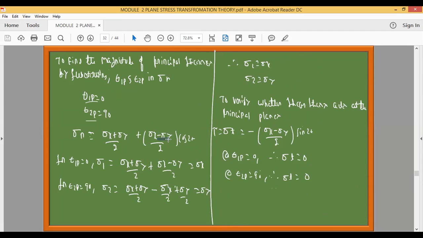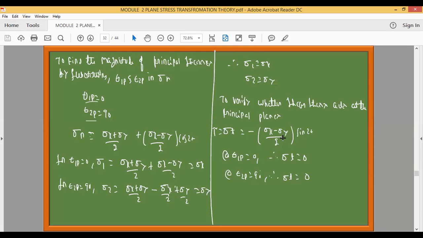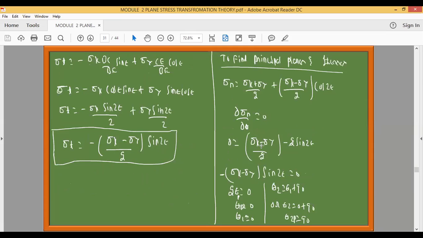I cannot directly say that when cos 2 theta is equal to 0, this will be maximum. I have to differentiate this one. When I differentiate this, I will be left with minus sigma x minus sigma y by 2 sin 2 theta is equal to 0. Then this will be equal to 0 only when theta p1 is equal to 0, and 90 degrees apart will be theta p2. Therefore theta p1 is equal to 0 and theta p2 is equal to 90 degrees.